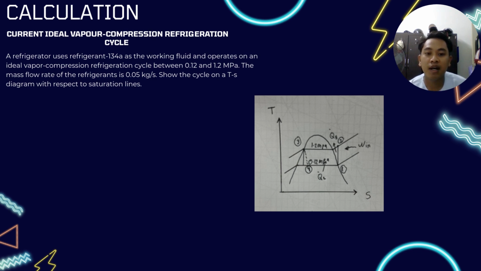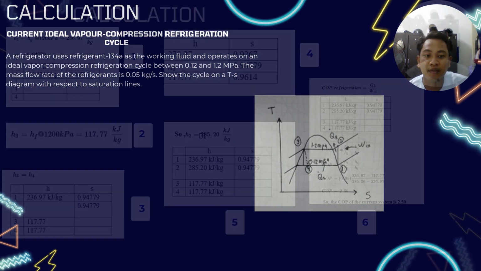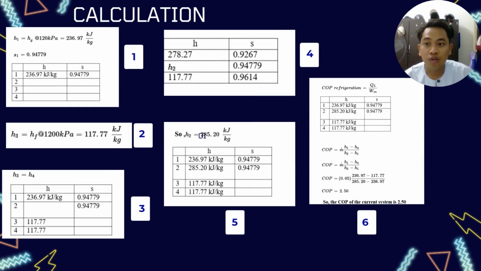And firstly, we must draw the T-S diagram of the current process. So, this is the T-S diagram for the current process. Okay, we go to find the enthalpy at state 1. So we use the table to find the enthalpy.